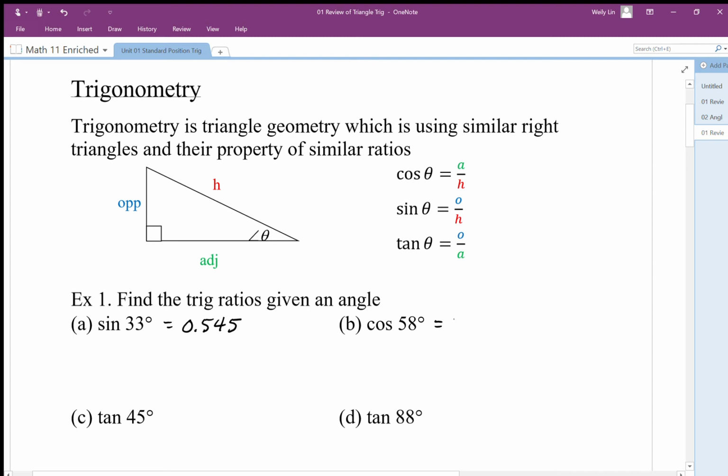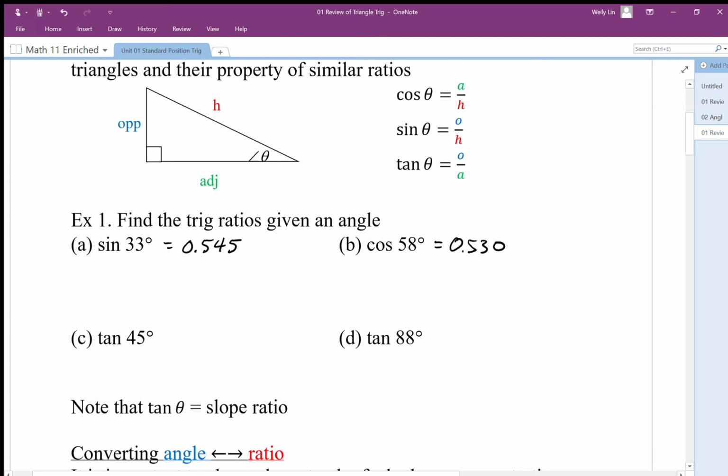When I put this in my calculator, I get 0.5299, so I'm going to round that to 0.530. The adjacent is about 50% of the hypotenuse. That's going to give me about 58 degrees, which is similar to the previous one, because these are complementary to each other. They're just looking at it from different perspectives.